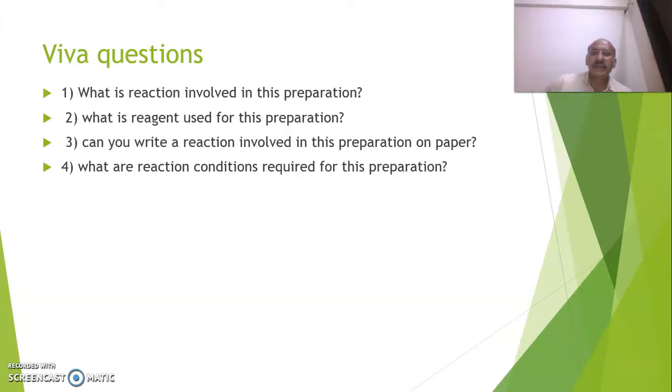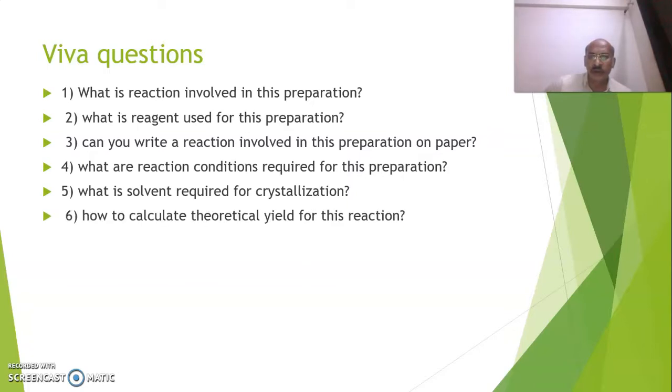Now what are the reaction conditions required for this preparation? Heating. No catalyst, no reagent. Is any solvent required for crystallization for this preparation? No crystallization is required. Sublimation gives the pure product. How to calculate theoretical yield? For any reaction, you have to calculate theoretical yield on the basis of the law of conservation of mass.